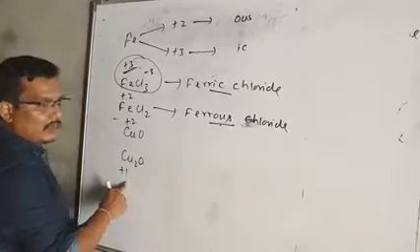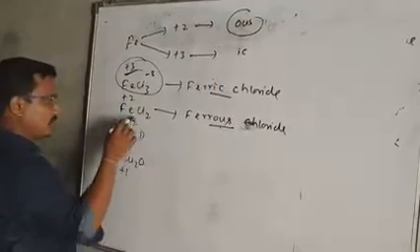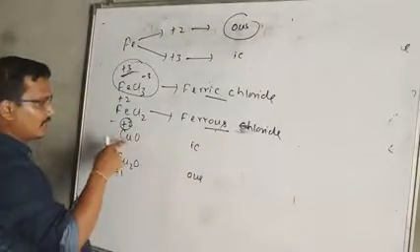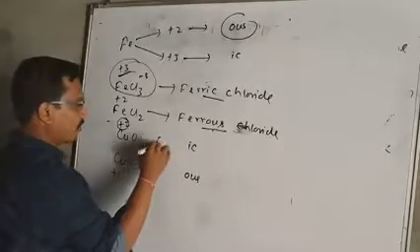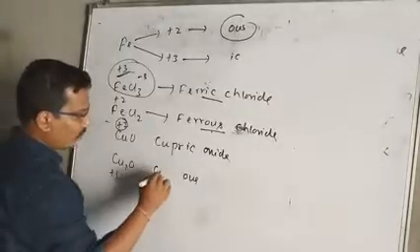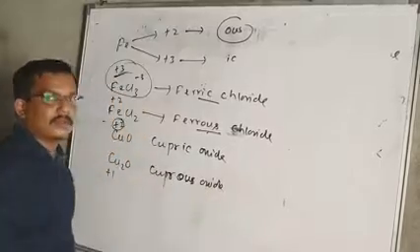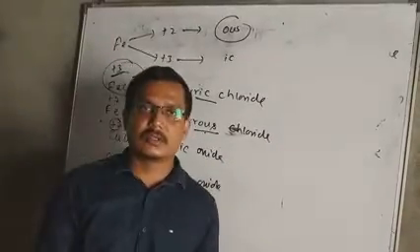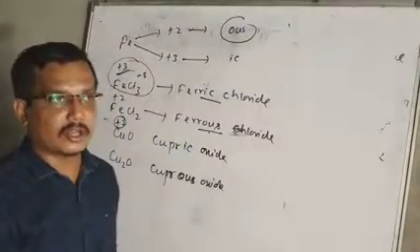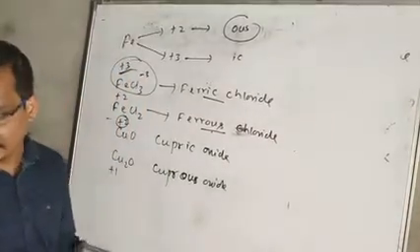The lower oxidation state is +1, so the name must be related to OUS, and the higher oxidation state is +2, so the name must be related to IC. So CuO is cupric oxide and Cu2O is cuprous oxide. Like that you can also think about other compounds: plumbous, plumbic, stannous, stannic, mercurous, mercuric. These can also be written with the help of OUS and IC.